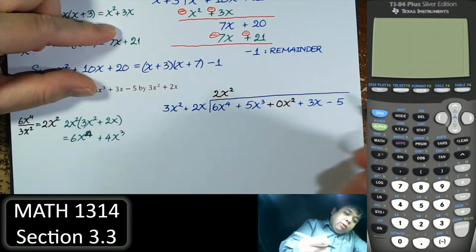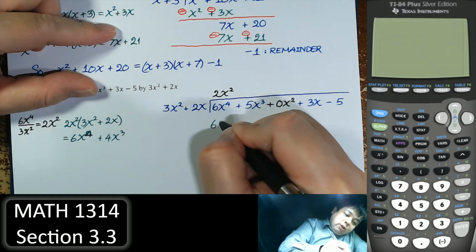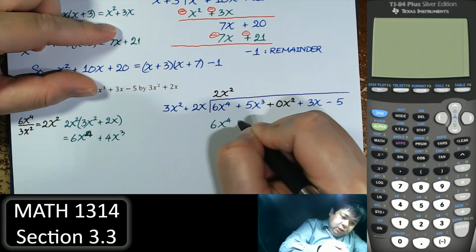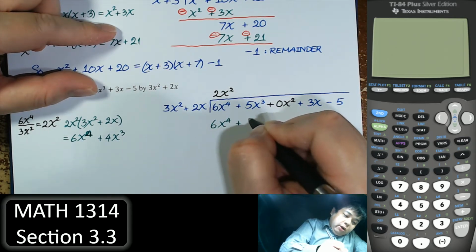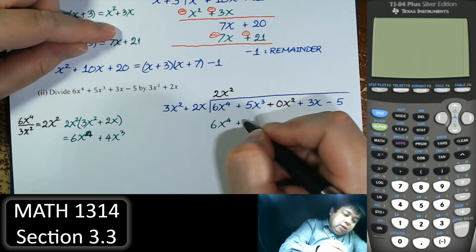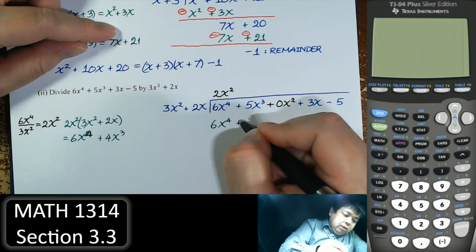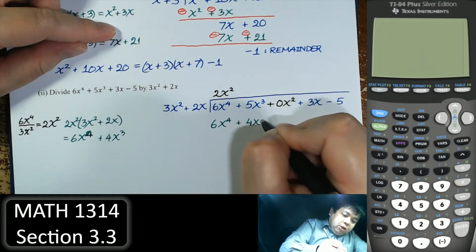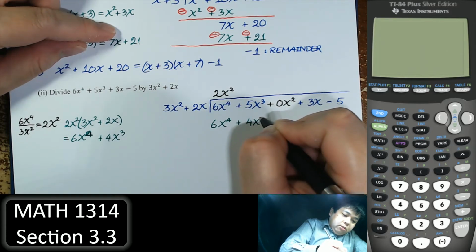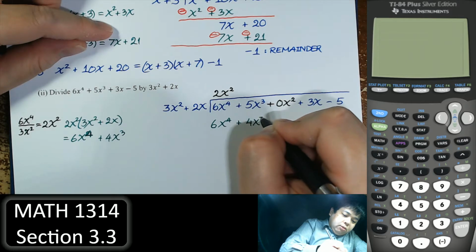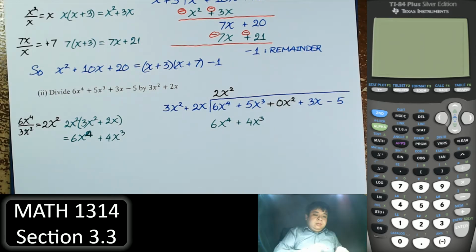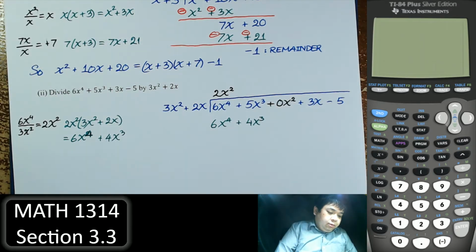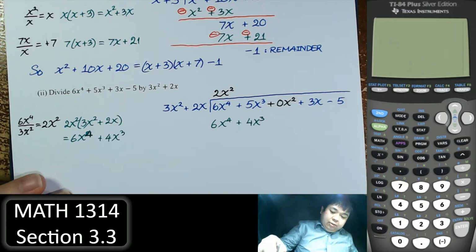cubed. So 6x to the 4th plus 4x cubed. Right?